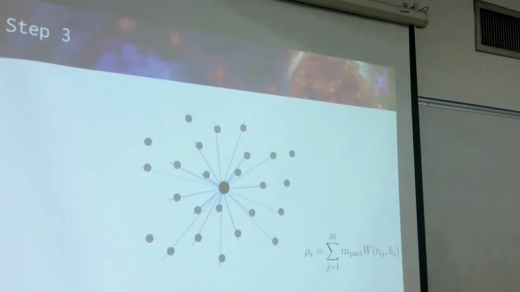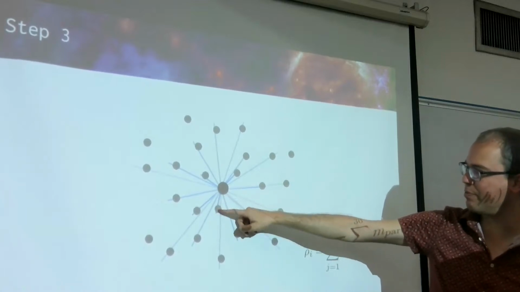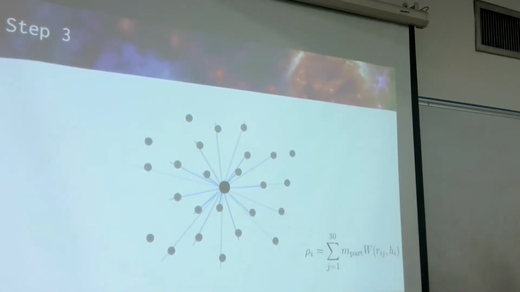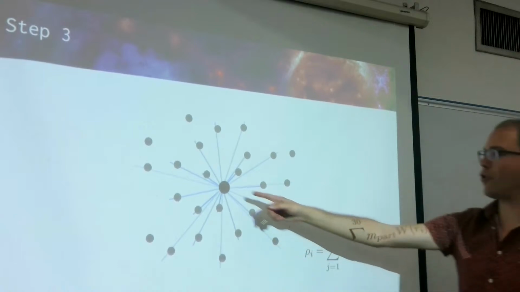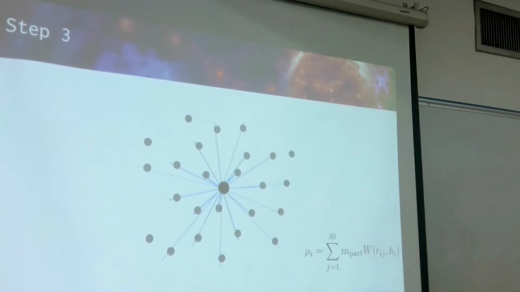Each of these neighbors, say here I'm choosing 30 neighbors, they're all going to contribute something to the density. The particles which are far away contribute less because remember W is decaying, so these particles here have a small, light contribution. These guys here have a darker, stronger contribution to the density. Then I know the density of that particle. Of course, I do this for all of the other ones as well. So now I know the density around each particle in my system.